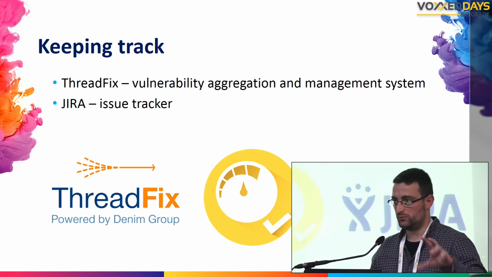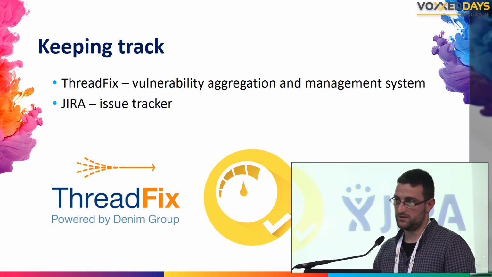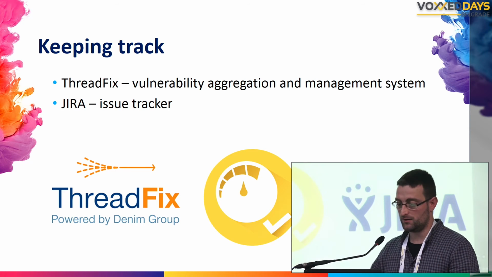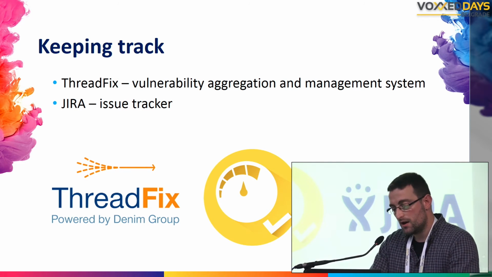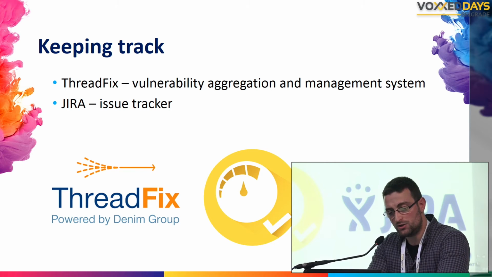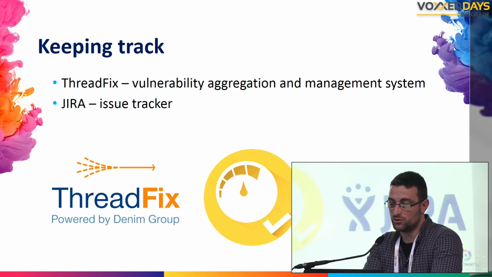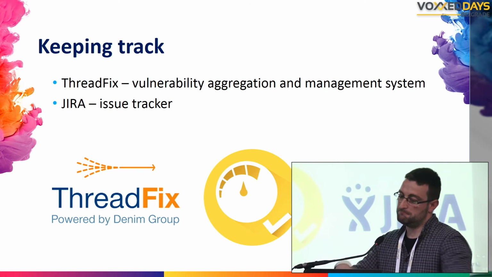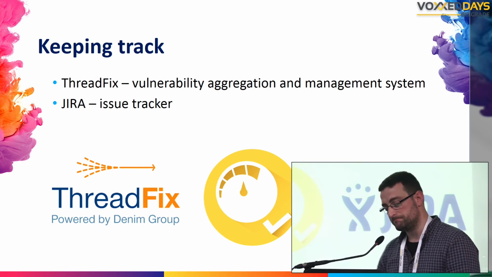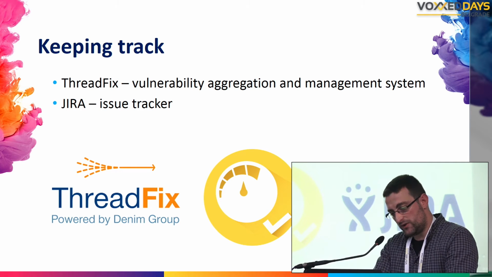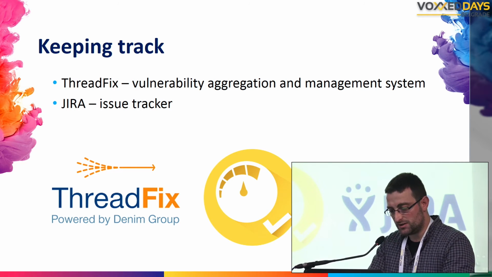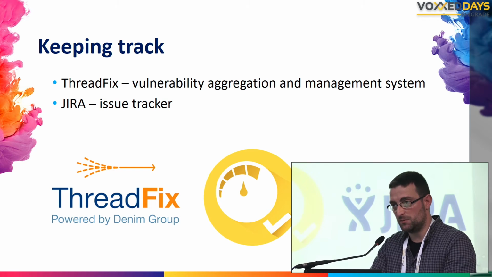Now, if you have all those reports in different formats, even different file formats, you need to somehow aggregate and normalize them so you can view them in a single tracking system. For that, we use ThreadFix. It's a really interesting vulnerability aggregation management system.